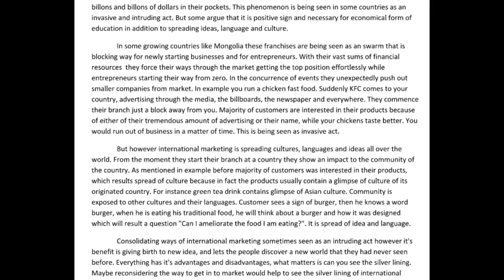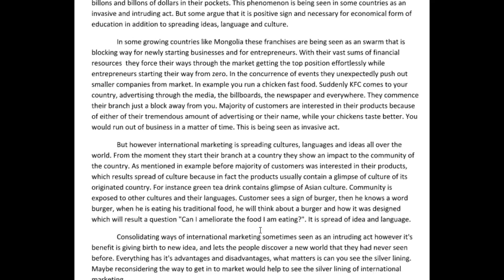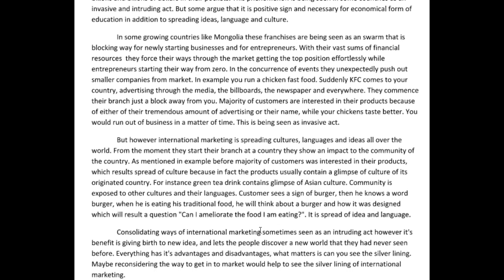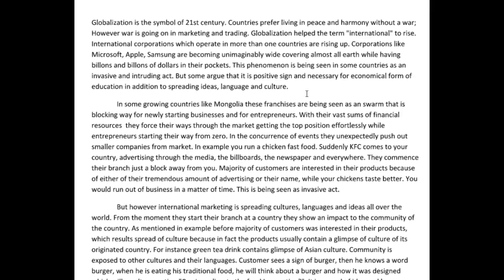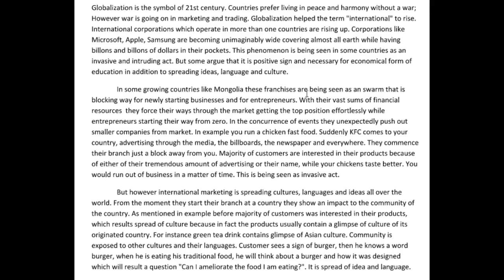So my biggest tip for you is to simplify your writing considerably. This is far too many words, and all that will happen here is you will increase the number of mistakes that you make, and it's just not necessary. You can still score very, very highly on IELTS with only 250, 280 words in task 2.